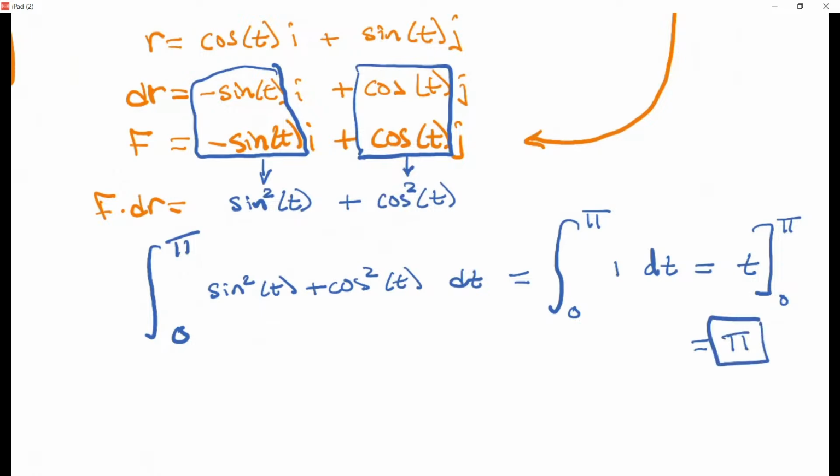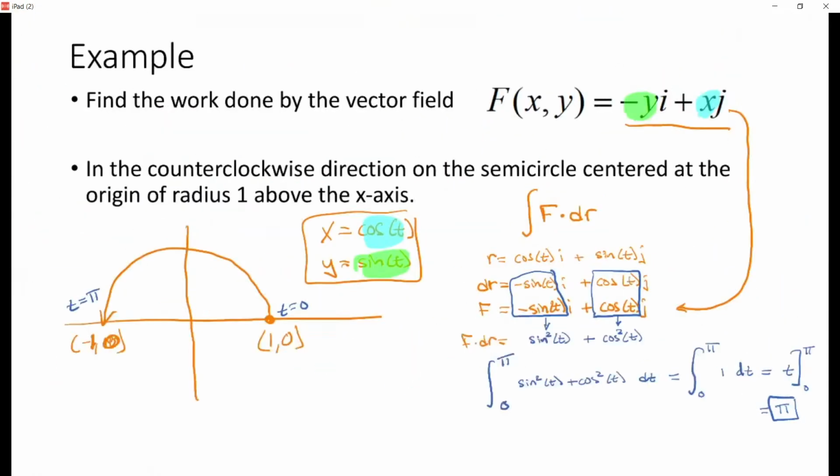So the amount of work done by this vector field, I'm not sure what the units are in this case, because I don't know what the underlying units are, but it's pi. Pi is the amount of work done. Remember that when work is positive, it means that the vector field is helping you out, if you want to think of it as riding your bicycle through wind.